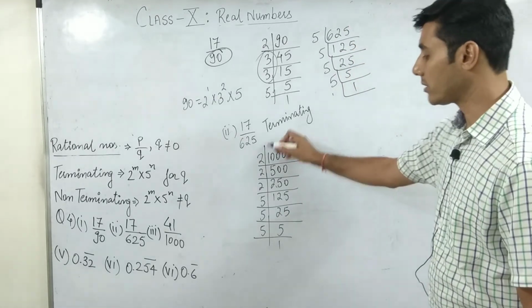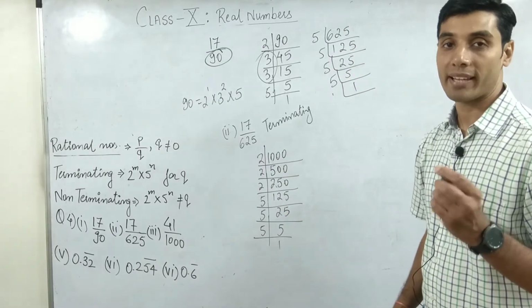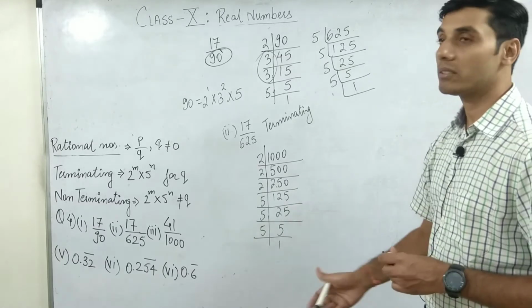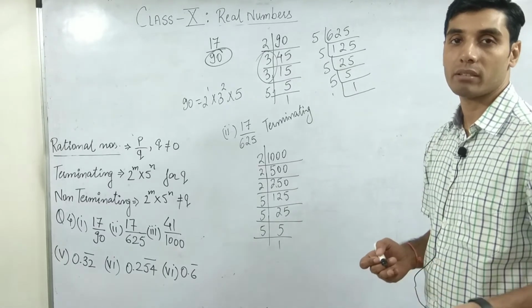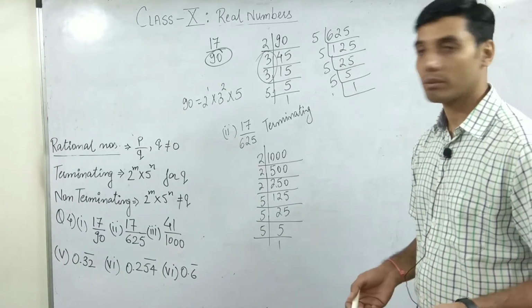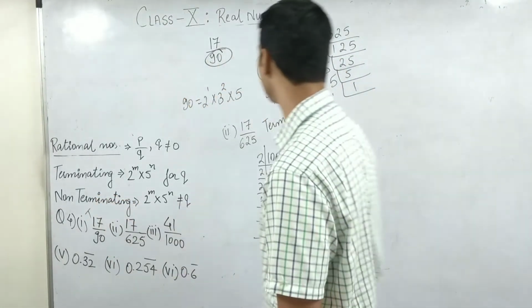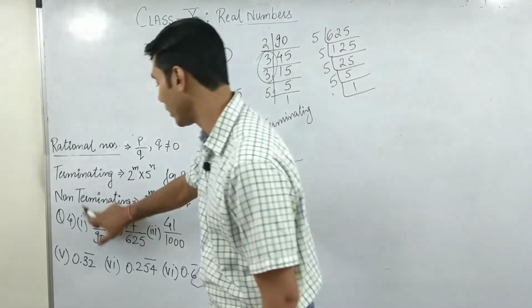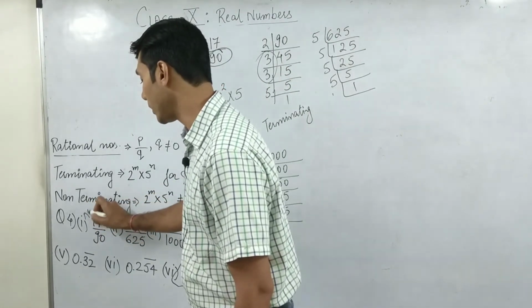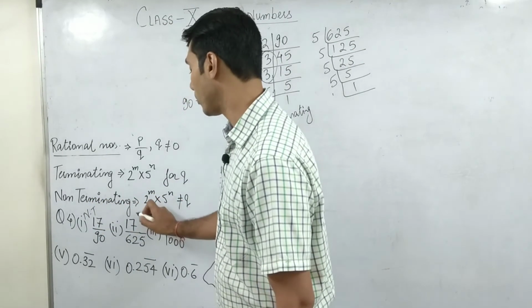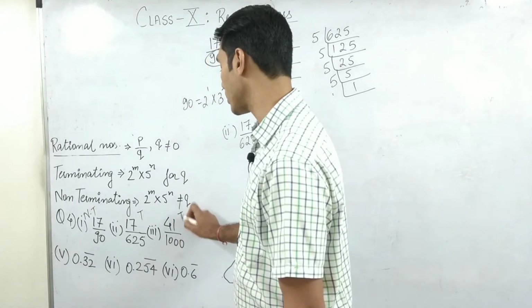Now you can see there is no other number besides 2 and 5. So that means, is this terminating or non-terminating? Common sense, it's terminating. Okay, so this one is terminating. No, the first one was non-terminating, sorry. So that one was non-terminating, and these two were terminating.